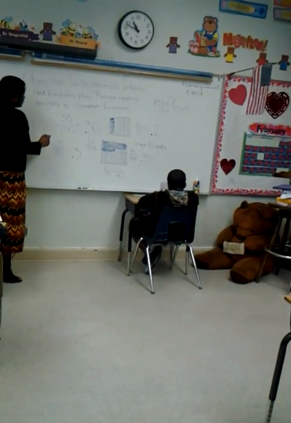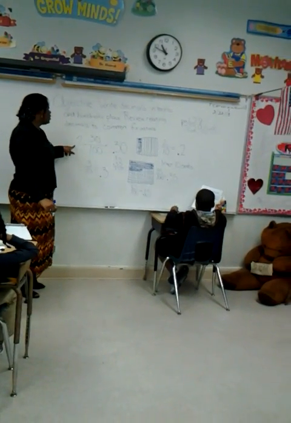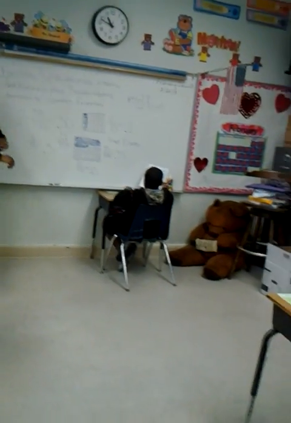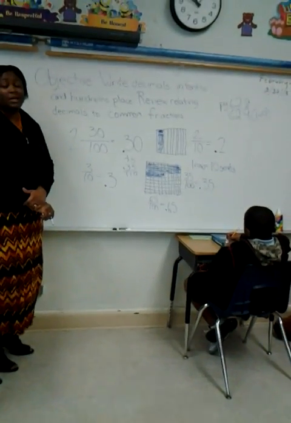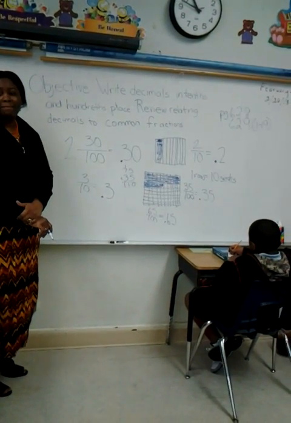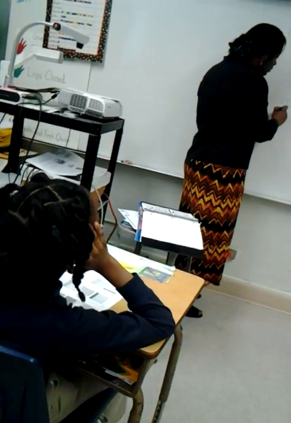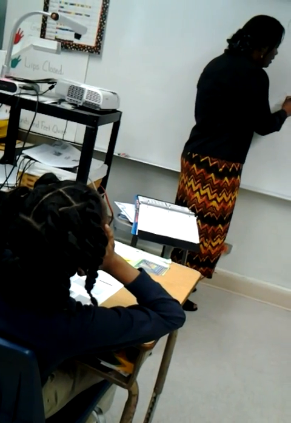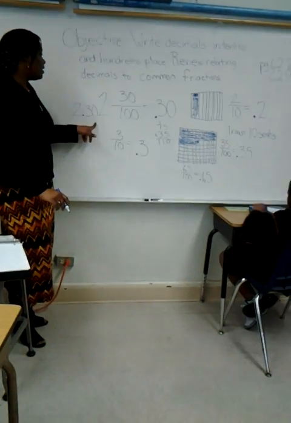What if I decided that I wanted to add this whole number to this fraction? How would I make that look if I decided to convert that over into a decimal? Yes, Ms. Kate. Very good. 2 decimal 30.